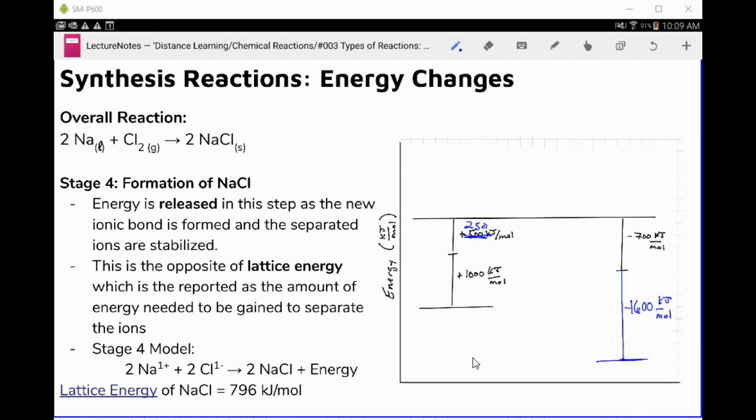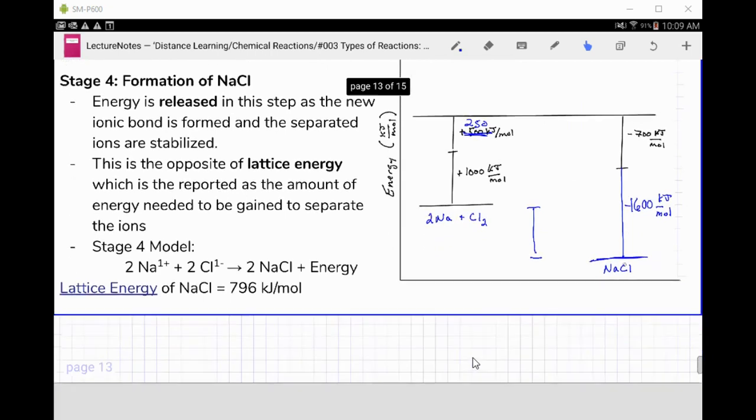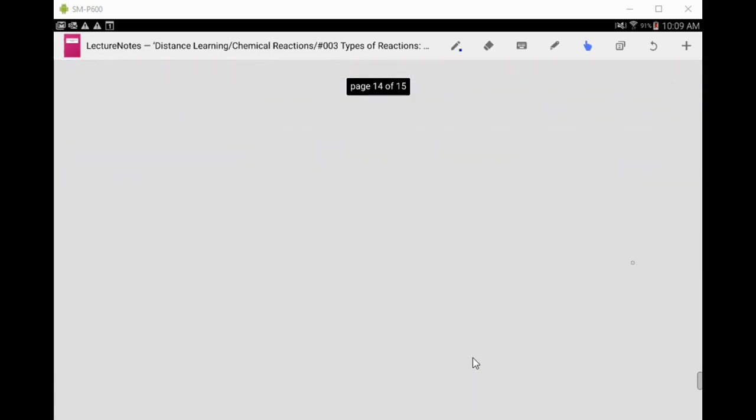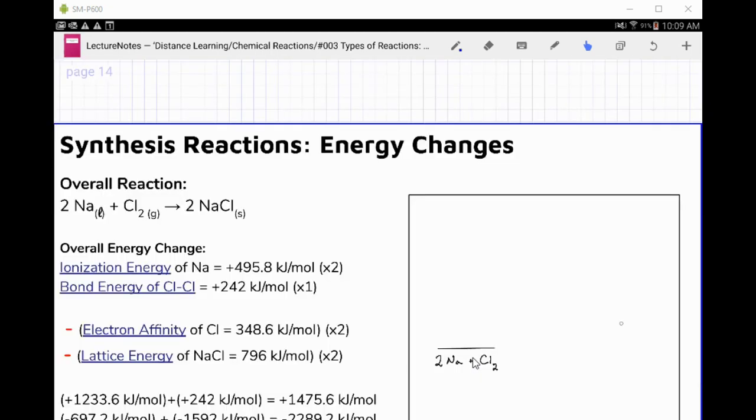And as a result, we see that by the time we actually form our sodium chloride compound, compared to when we started with sodium and chlorine, we have an overall loss of energy, right? Meaning that this synthesis reaction is going to be exothermic. We can do the math to figure out exactly how much energy is lost over the course of this reaction by getting the total of the amount gained and the amount lost.